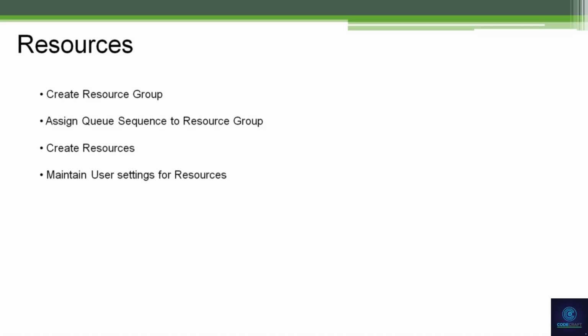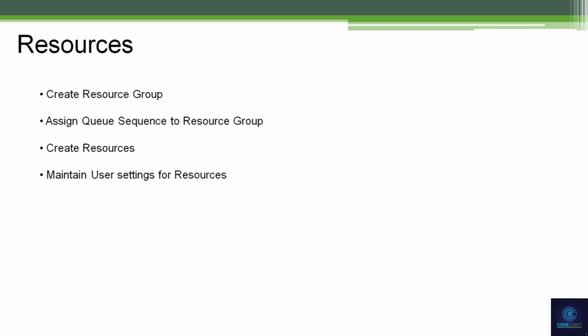Resources. All our processes, we are going to execute them on RF. So we are going to use the test RF environment Fiori tile for testing the RF processes. For executing RF transactions, we need to mention resources. Resource management is an important feature of EWM.